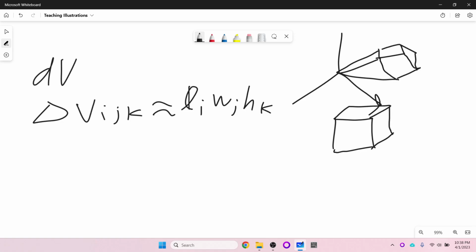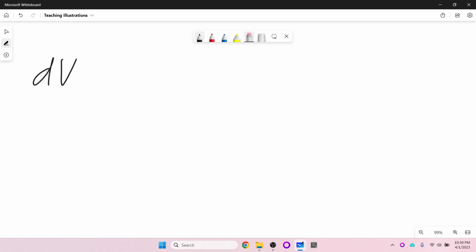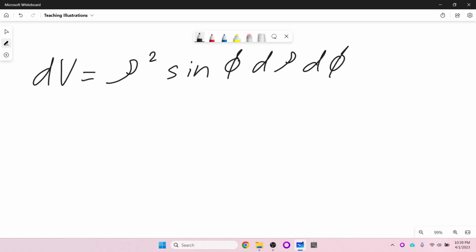And so a spherical prism would be something of this wedge shape so that the endpoints are all constants like before. But what is the dV? I've decided I'm not even going to bother showing you. I'm just going to jump to the answer. dV is rho squared sine phi d rho, d phi, d theta.